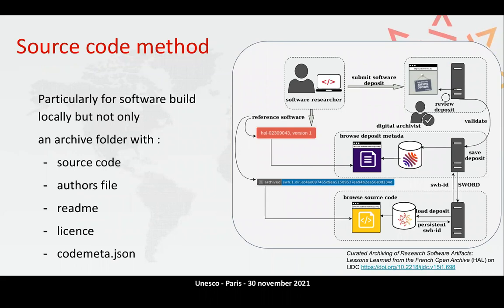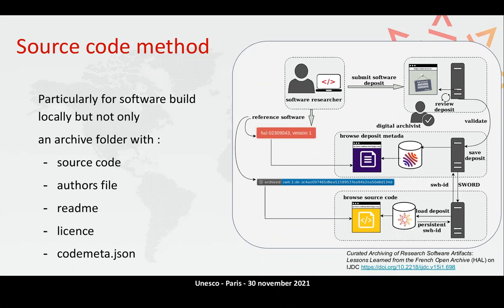The first method to archive your code in HAL is the source code method. You build an archive repository, a zip folder, and then you put it on HAL. You describe the metadata with the form, and then you submit this to the HAL repository.